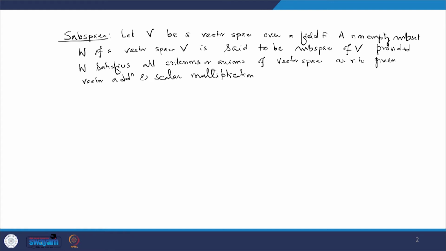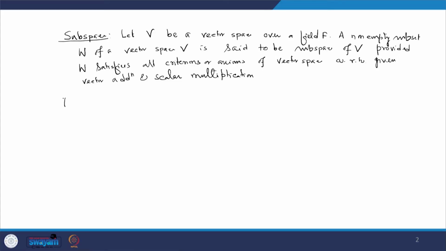So, what I am saying is that a non-empty subset W of a vector space V over a field capital F is said to be a subspace of V provided that W itself satisfies all the criteria of the vector space V. I mean, W itself is again a vector space.